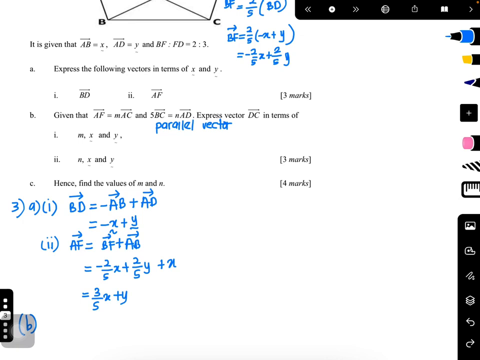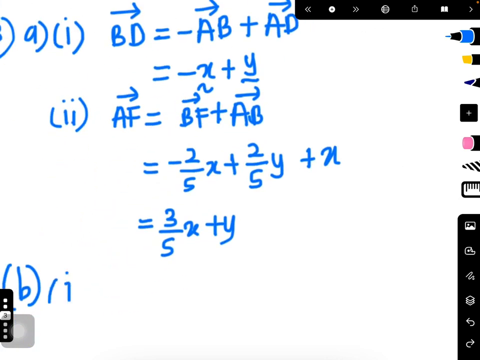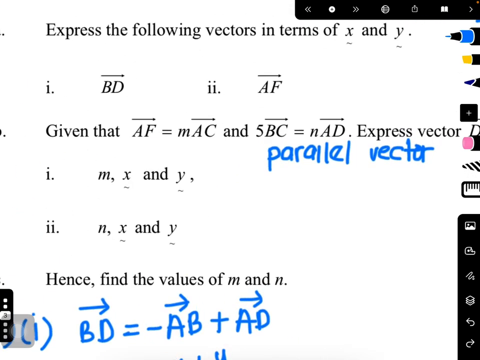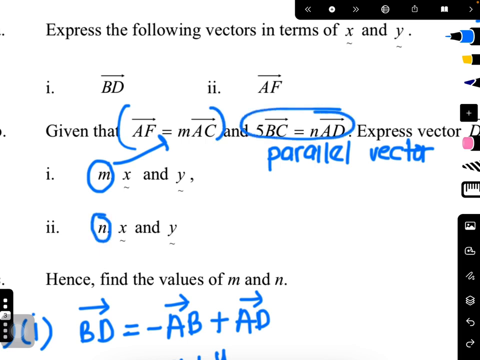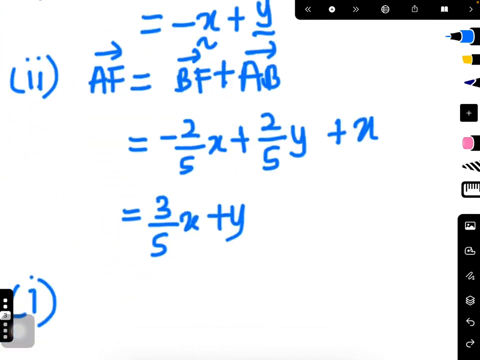Express vector DC in terms of, firstly, m, x and y. So when it says m, we need to use this. When it says n, we need to use this. Okay, DC.